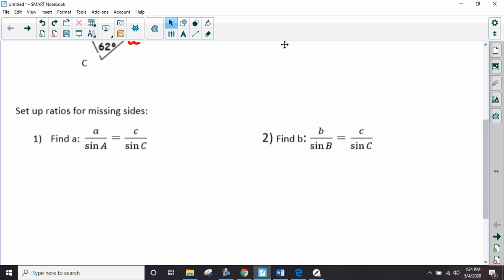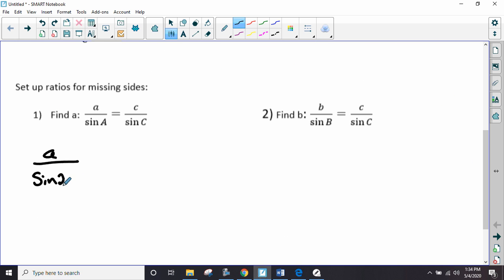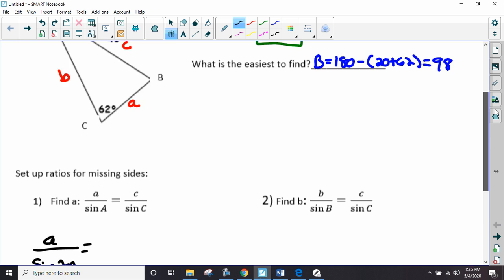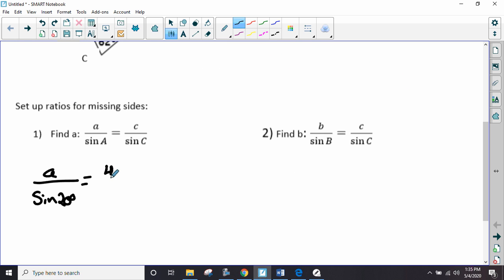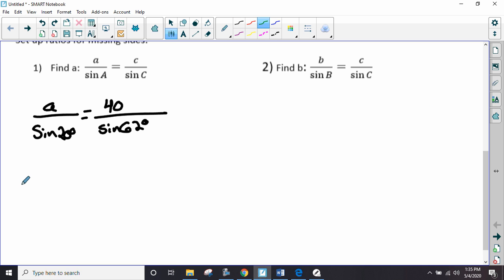So we don't know little a, but we do know big A, and that was 20 degrees. We do know big C, and little c was 40, and this was sine of 62 degrees. When you solve this, I would do this part first. We know we have to multiply both sides by this.